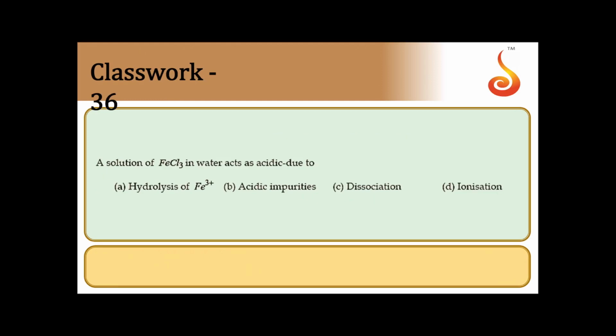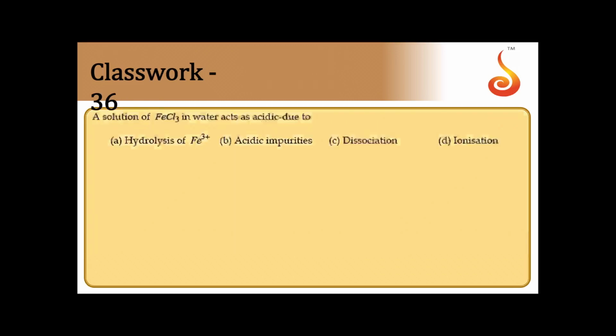Then the 36th one. A solution of FeCl3 in water is acidic in nature. It's because it is a salt of strong acid and weak base, acidic in nature. So here the Fe plus 3 ion undergoes hydrolysis. If you take FeCl3 dissolved in water, it undergoes ionization. It forms Fe plus 3 and 3Cl minus ions.